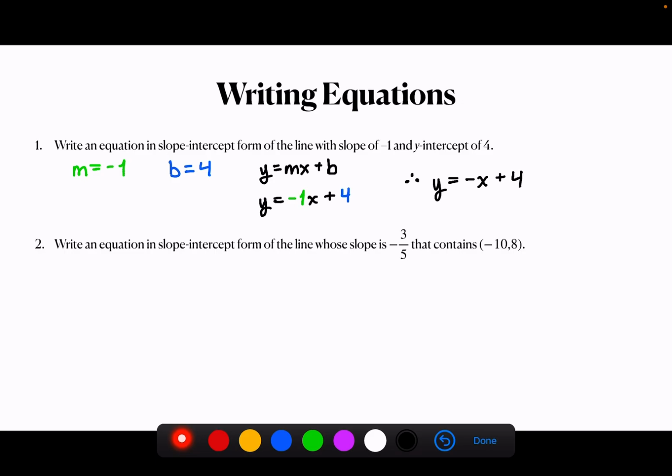Now, let's look at number 2, where we still need to write an equation in slope-intercept form, but this time we're given a slope, -3 over 5, but we're also given just a regular point somewhere on the line. Well, here we need to start with point-slope form, and we need to go into slope-intercept form.